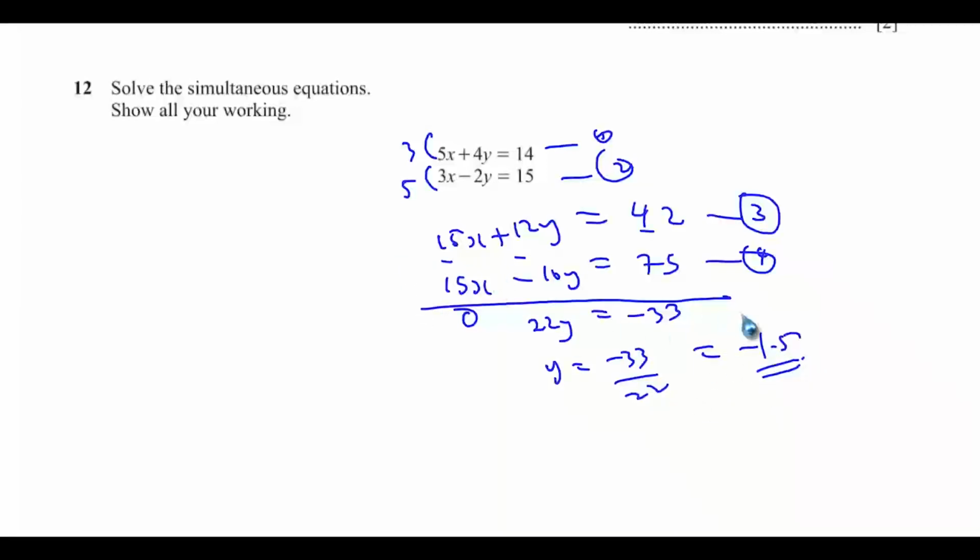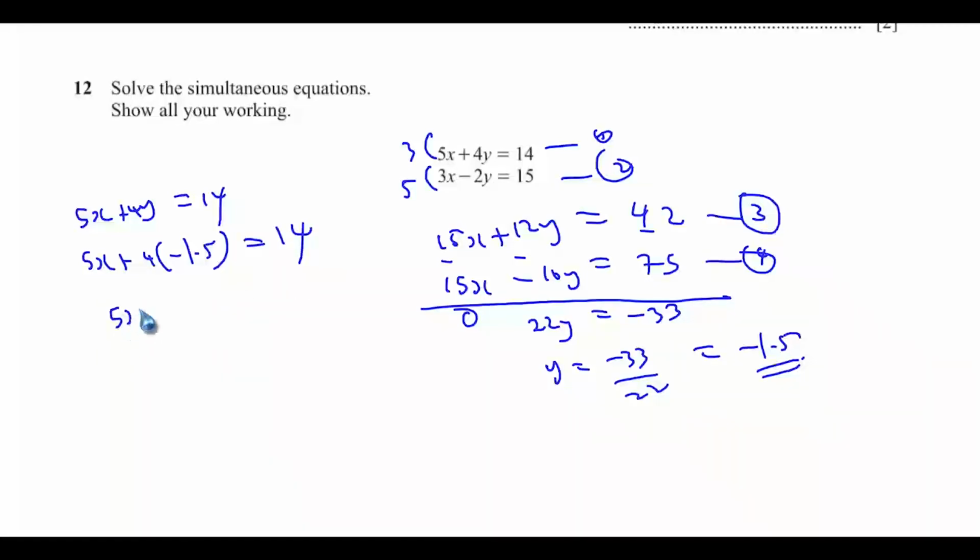We can now substitute y into any of the equations 1, 2, 3, 4, so you're going to get your answer. Let's use equation 1. We have 5x plus 4y equals to 14. So we have 5x plus 4 into negative 1.5 equals to 14.